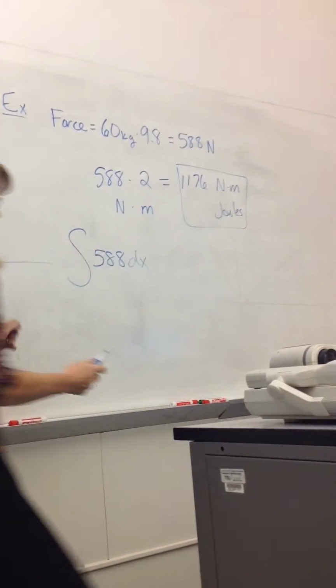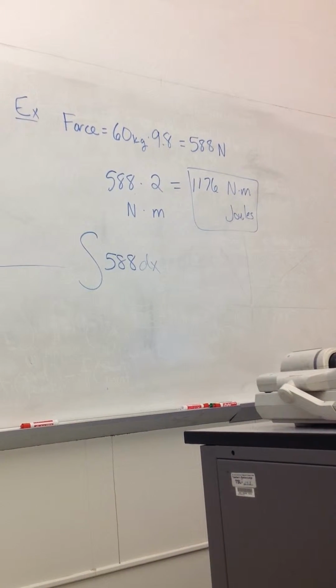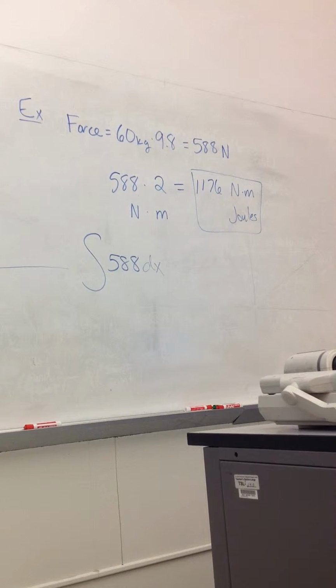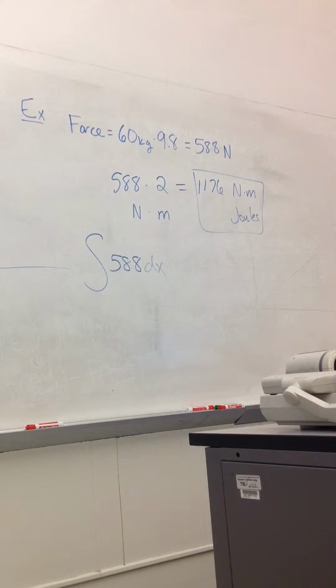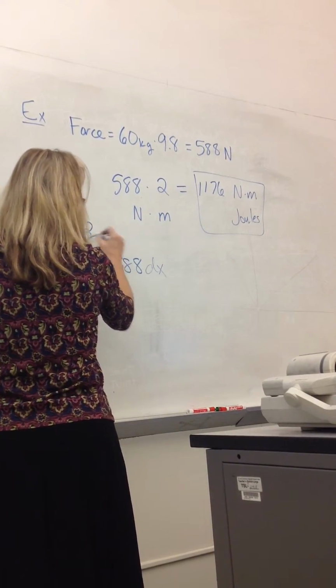If you were able to film the weightlifter with a slow motion camera, you could watch how he incrementally lifts it, and so the dx is representing incremental little distances, and you're adding up a whole bunch of incremental force times distances, and my distance is going from 0 to 2.